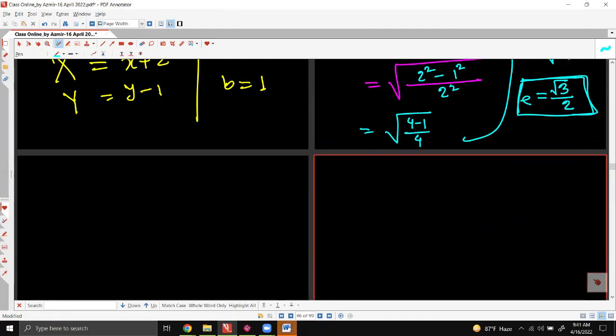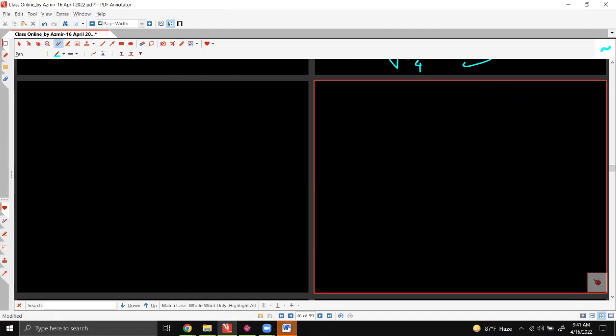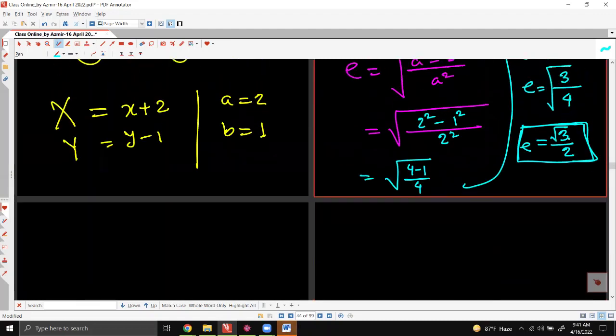Now, once we have e, we can find foci, center, vertices, everything. So you can see that e will be less than 1 but greater than 0. If we find the numerical value of square root of 3 over 2, it will be in between 0 and 1.